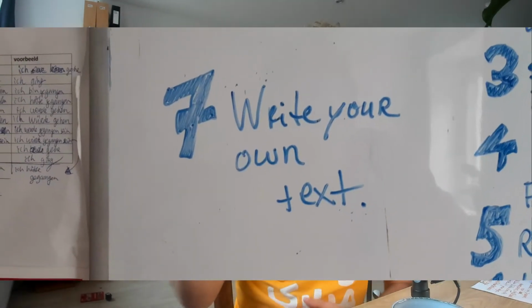If you want, you can pause the video and tell me in the comments. If not, you can just listen because I'm going to say it now. Step number 7 is, of course, just write your own text and then have it checked. That will be kind of the end goal of understanding the script.